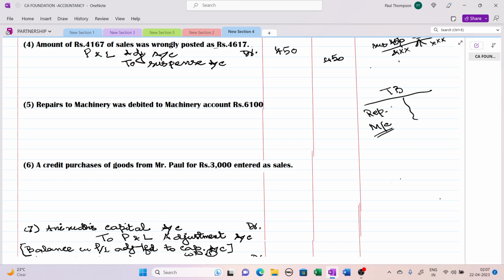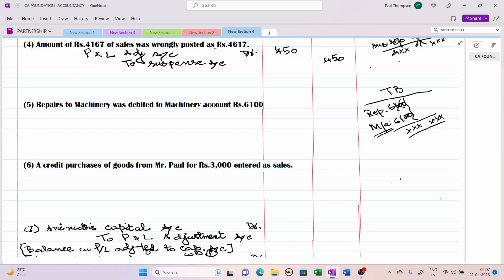So he should have posted this amount as 6,100 repair to machinery. But what he did, he posted it to machinery account. But my trial balance will agree because the debit is appearing in the name of machinery instead of repair. So name is not going to affect the total.